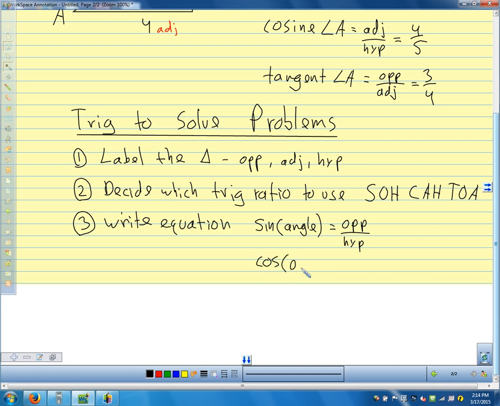The cosine of the angle equals the adjacent over the hypotenuse, if we're using cosine. Or the tangent of the angle equals the opposite over the adjacent, if that's the trig ratio we're using. Then we're going to solve for what we need.